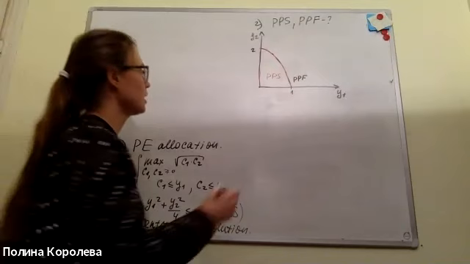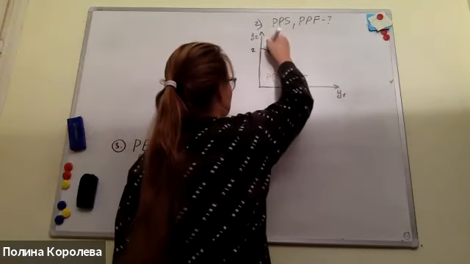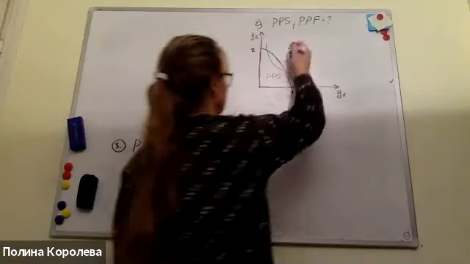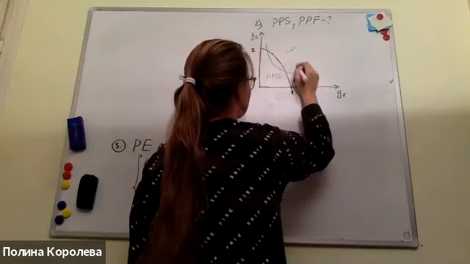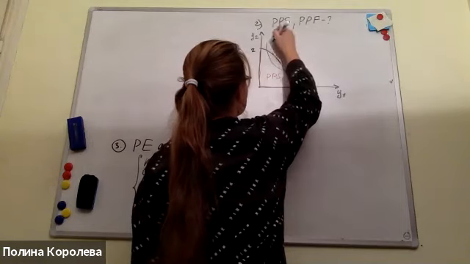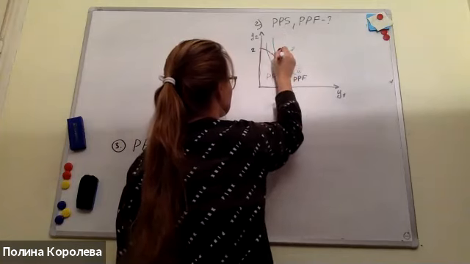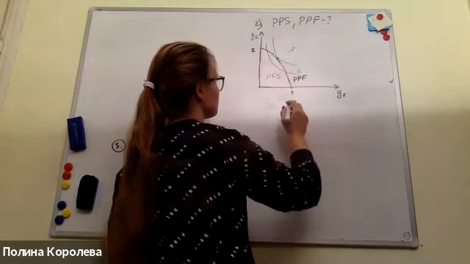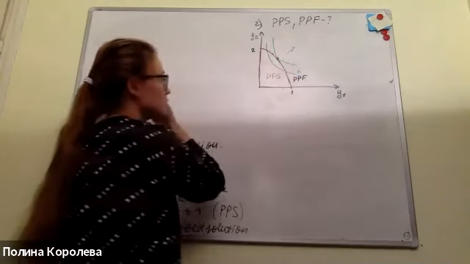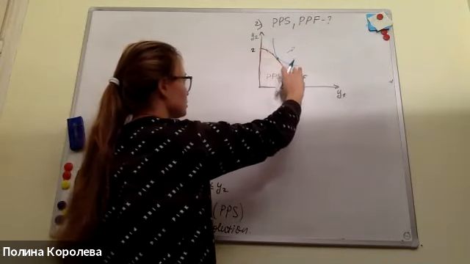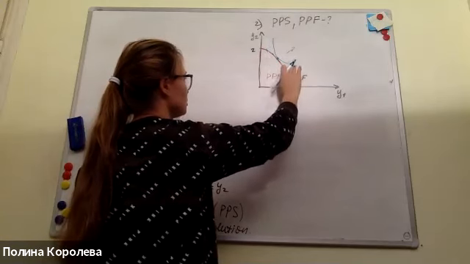And we should find the highest indifference curve. This indifference curve will not give us maximal utility, because we can move up. And the last intersection with the production possibility set that we can afford will give us the best point, the optimal consumption and production point for our economy, for our guy.